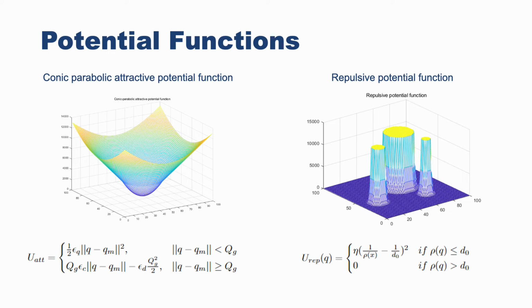However, it weakly penalizes points located very far from the middle points. To combine the advantages of both quadratic and conic functions, the conic parabolic function is used by switching between the quadratic and conic functions based on the threshold value Qz.